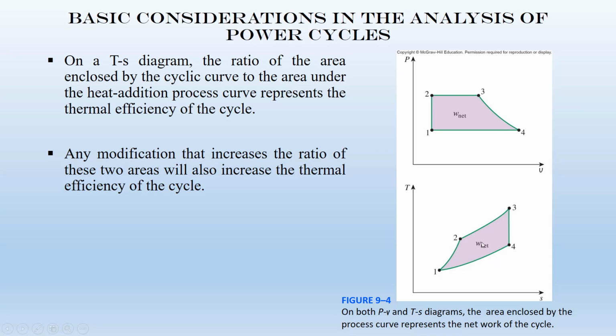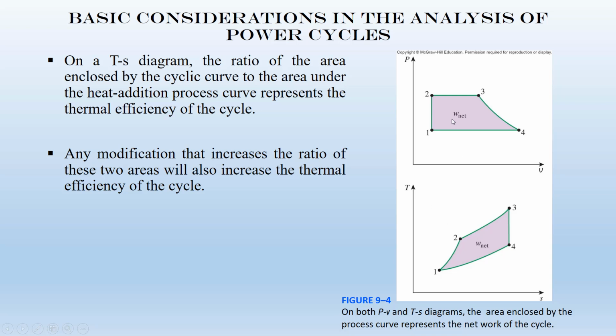Keep in mind that for these cycles, if you write the first thermodynamic law, you can show that Q net equals W net, meaning that the area enclosed by the TS diagram of gas power cycles should equal the area enclosed by the PV diagram of this gas power cycle.